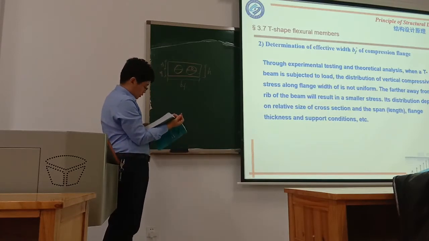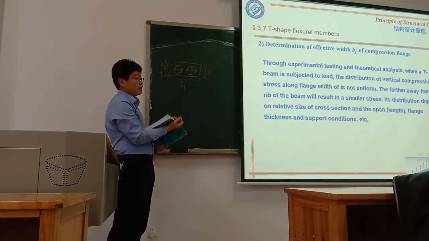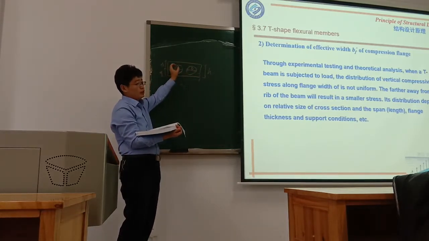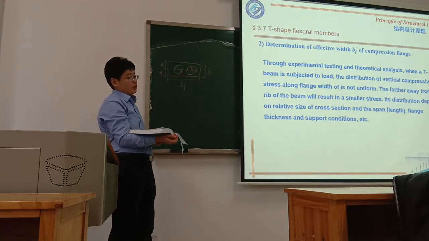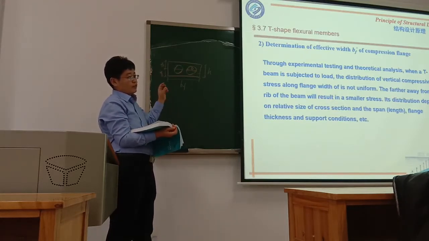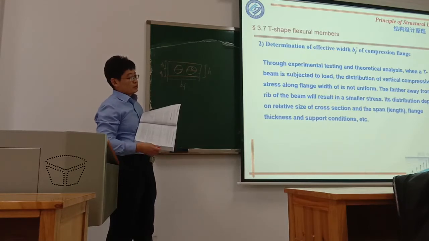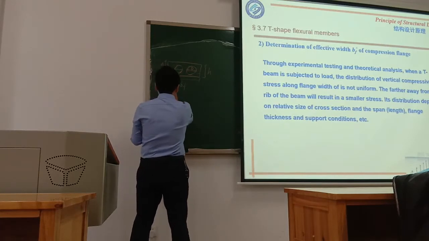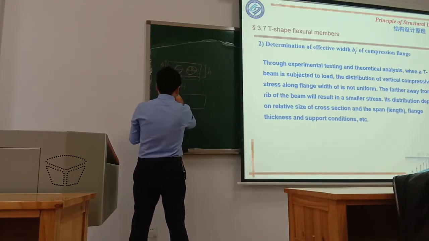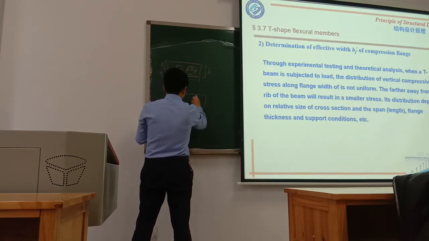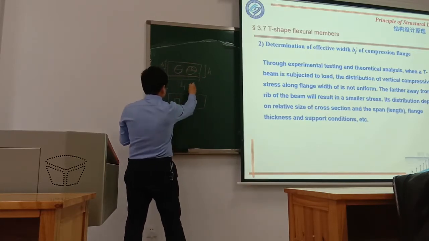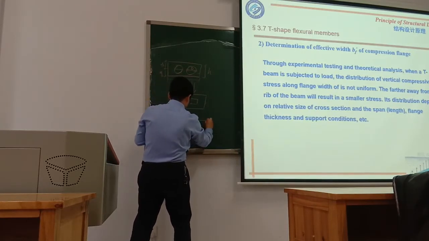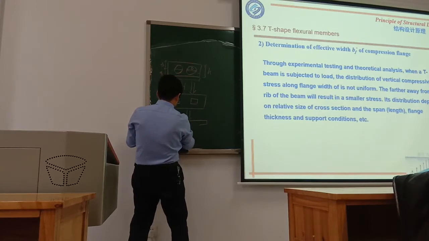So for this type of beam, this section is rectangular with two holes inside. It's not easy to calculate the force. So we try to make an equivalent shape. In our book, they make this equivalent, and finally they make something like this I shape.